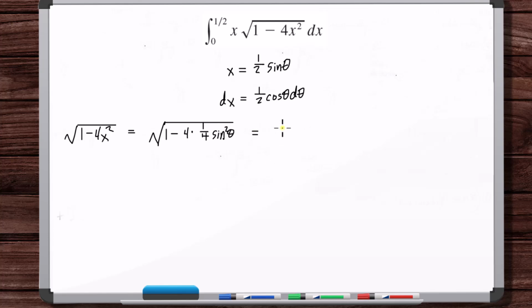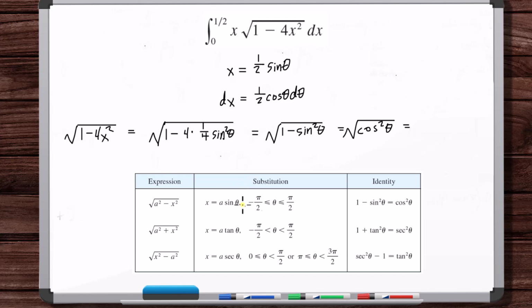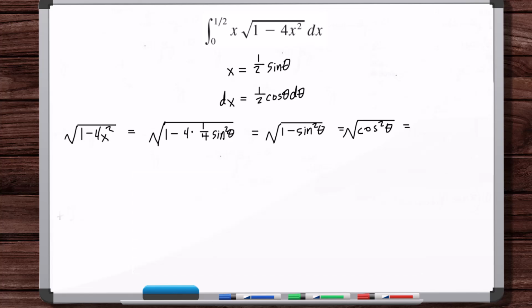Okay, so we've got 1 minus sine squared theta. This is 1 minus sine squared theta is cosine squared theta. Now, we would put the absolute value of cosine theta, but because of the domain restriction, in this case theta is only from minus pi over 2 to pi over 2, we don't need to put the absolute value.